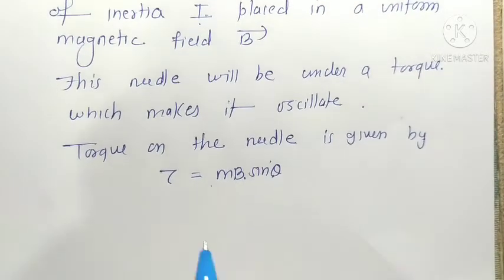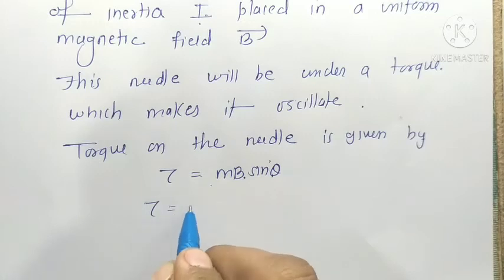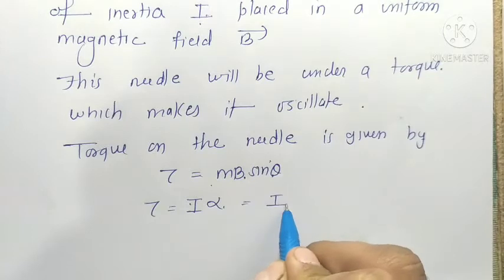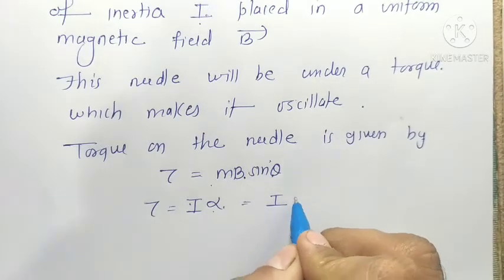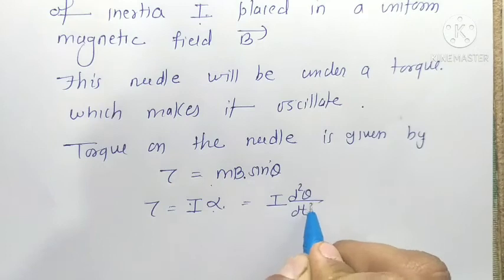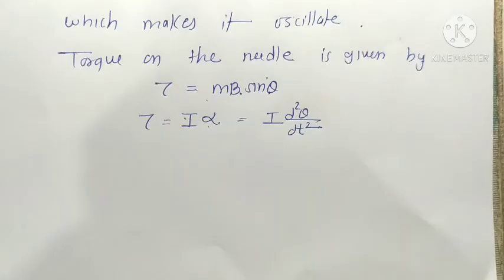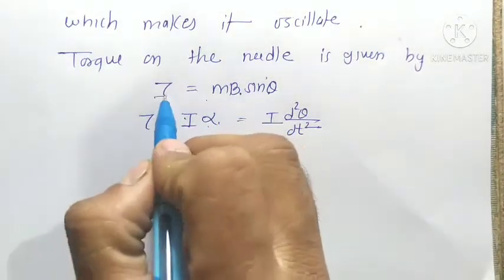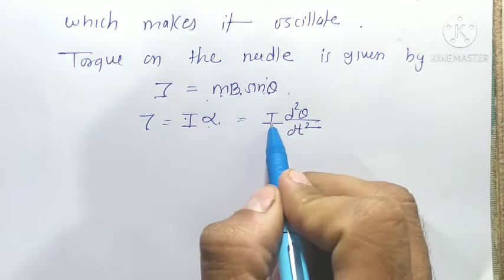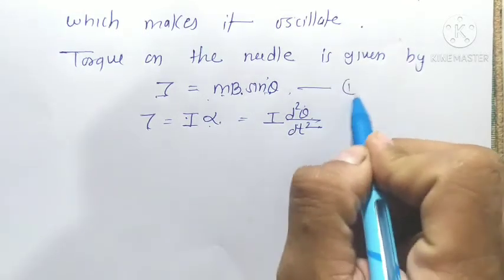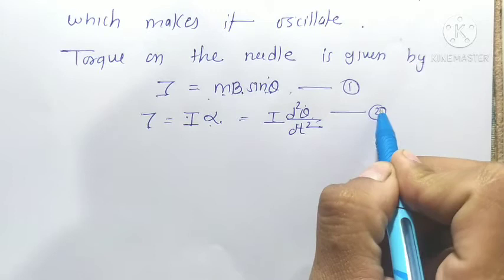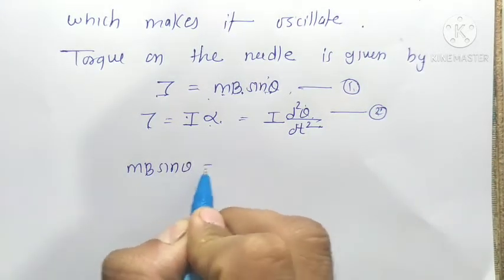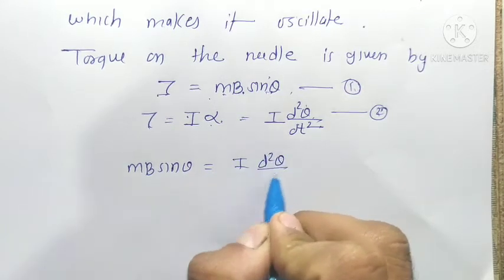We already know that torque = I alpha, where alpha is the angular acceleration, alpha = d2 theta upon dt square. So torque = mB sin theta is equation number 1, and torque = I d2 theta upon dt square is equation number 2. We compare both equations: mB sin theta = I d2 theta upon dt square.